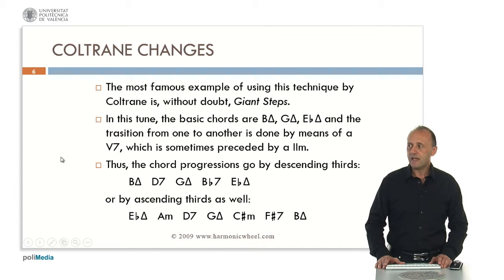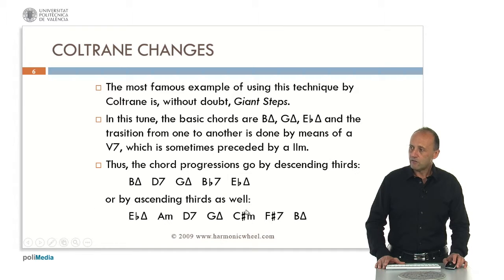Thus, in Giant Steps we find chord progressions such as B major, then G major, and then E flat major, that is by descending thirds. From B major to G major, he included a dominant 7th chord, D7. And before E flat major, he included its dominant 7th, B flat 7th.